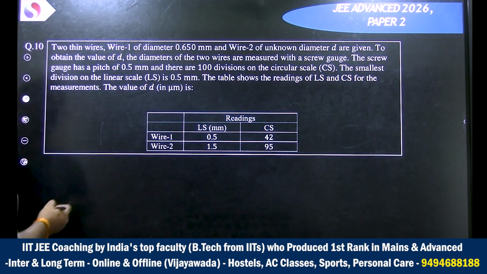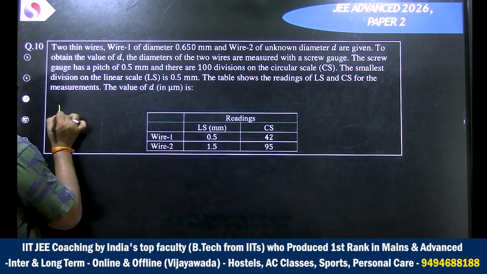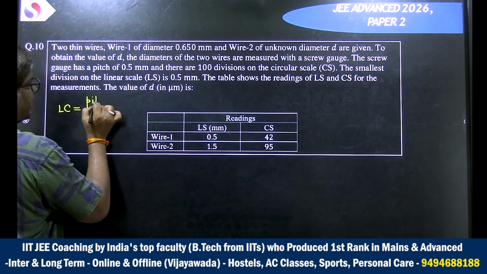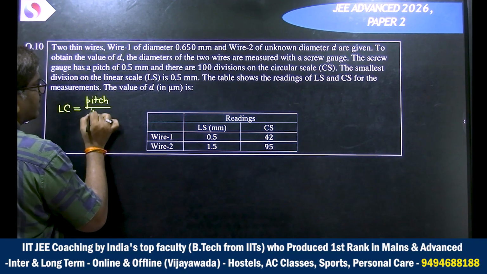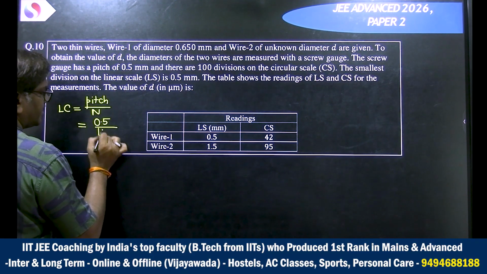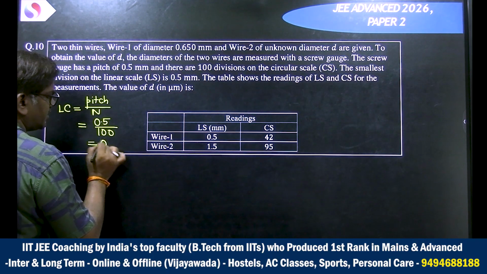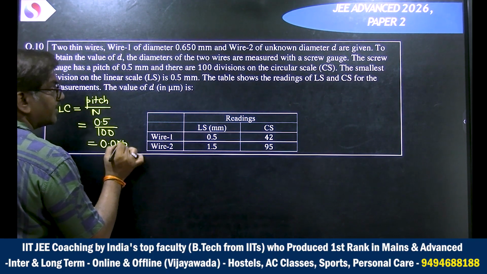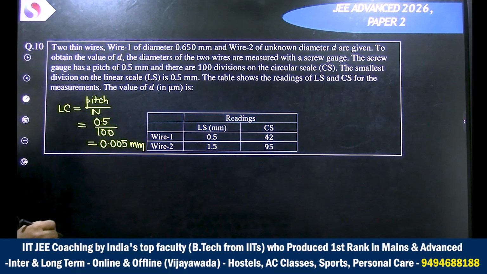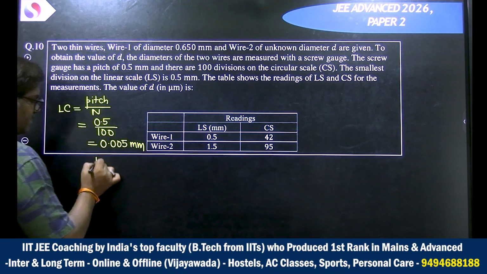So first, let's find out the least count. So least count is what? It is the pitch divided by the number of divisions, which is 0.5 divided by 100. That gives you 0.005 mm. That will be your least count. Do you know how to find out the measured value?